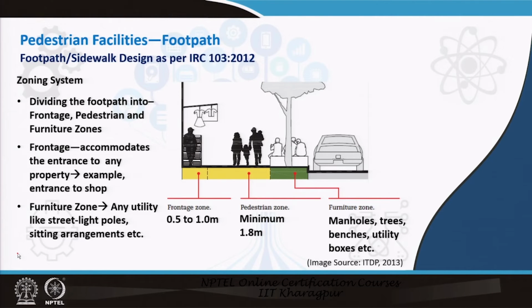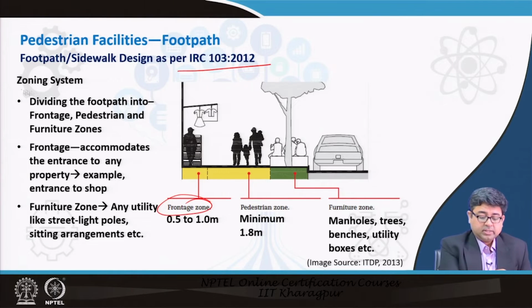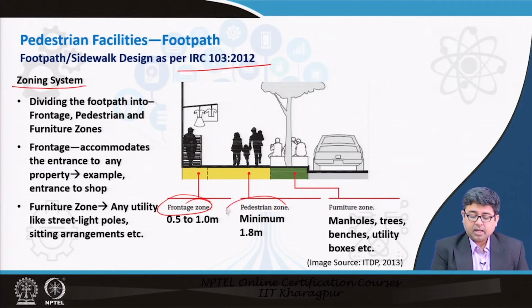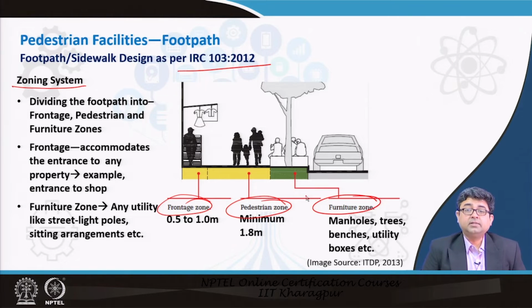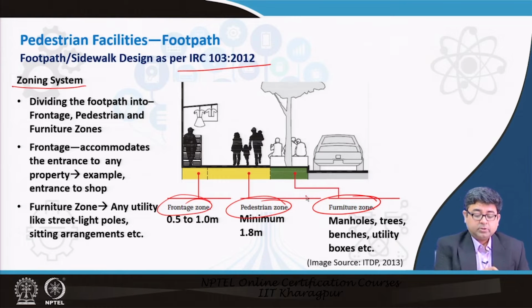So, what IRC 103 tells us is that pedestrian design should be as per different zones. So, there is a zoning system that helps us design good pedestrian infrastructure. So, what is this zoning system? The zoning system tells us that this, for example, is the entire sidewalk.